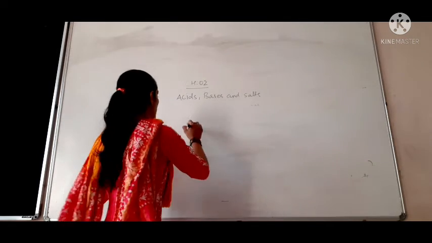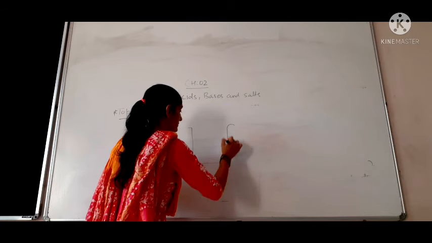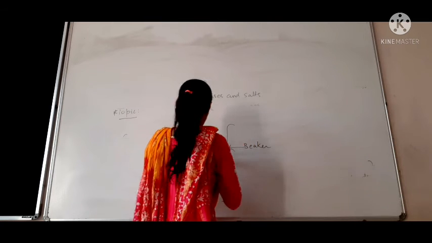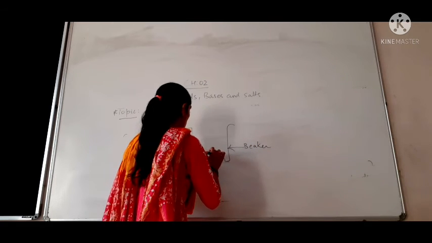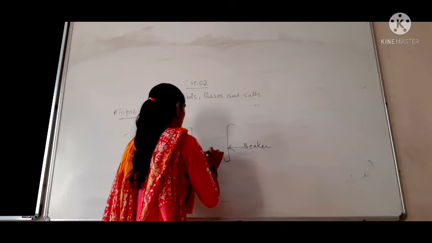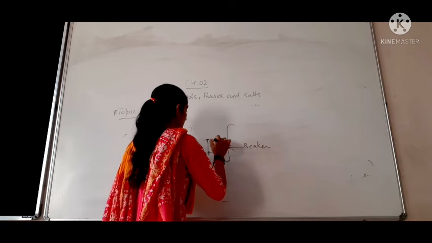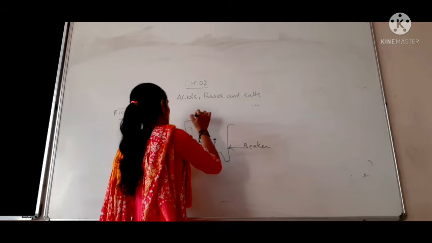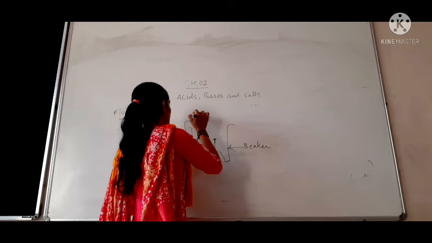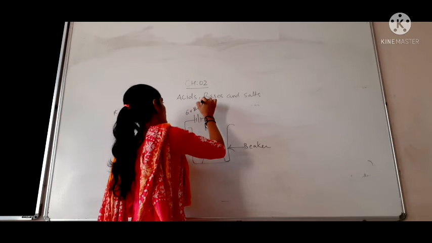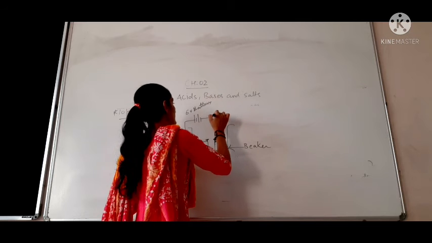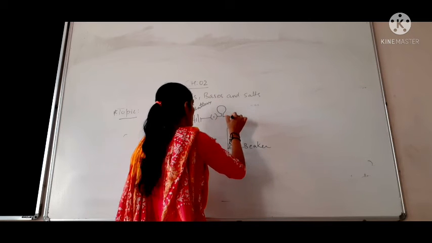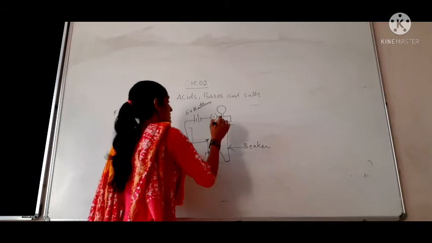One of the activities given in your textbook: one beaker is taken. In that beaker, 2 rubber corks are there, where nails are fitted. Ends of the nails are connected with a 6-volt battery, a switch and a bulb.